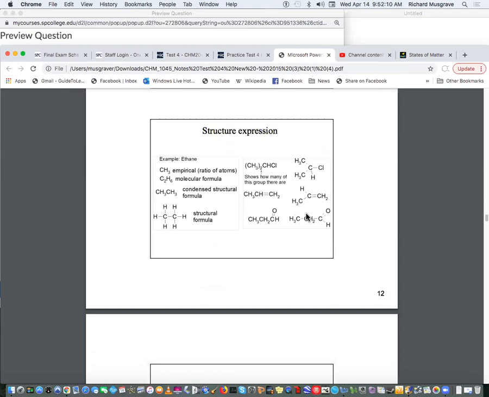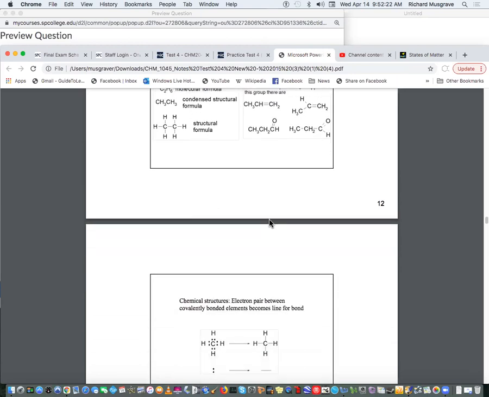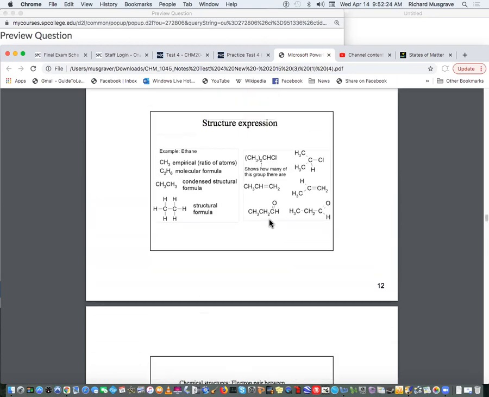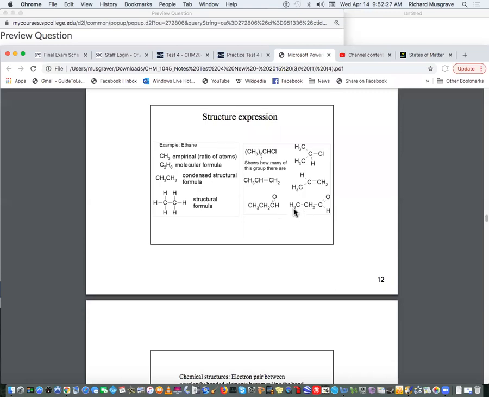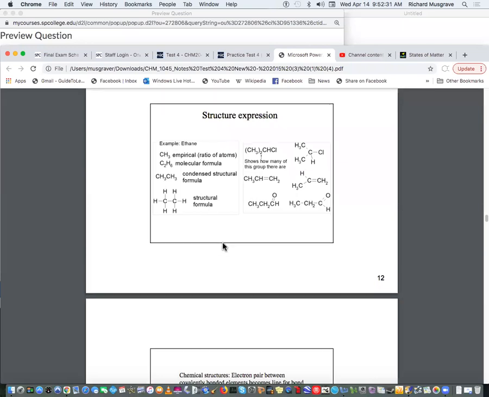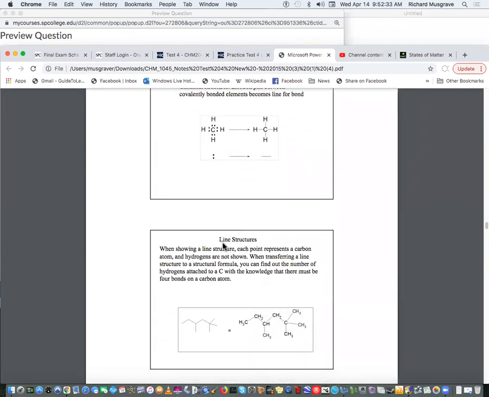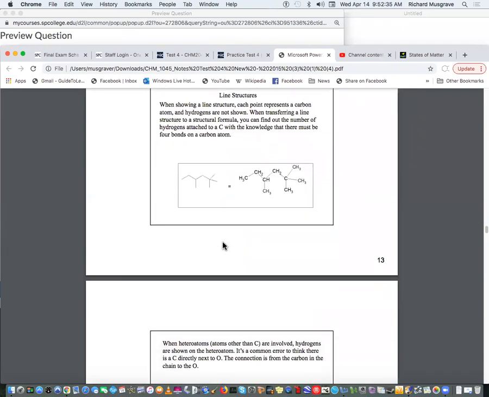Before we do that, we do need to introduce you to some structure expression, especially for carbon compounds. What I'm really focusing on here are line structures. So these are not line structures. These are some of the different ways we can express carbon compounds. I'm not really going to go into them, but what I will go into is the line structure.